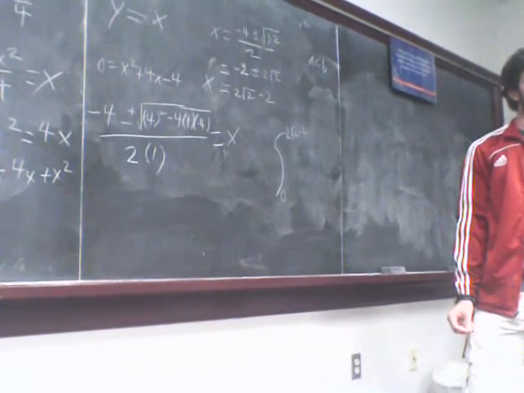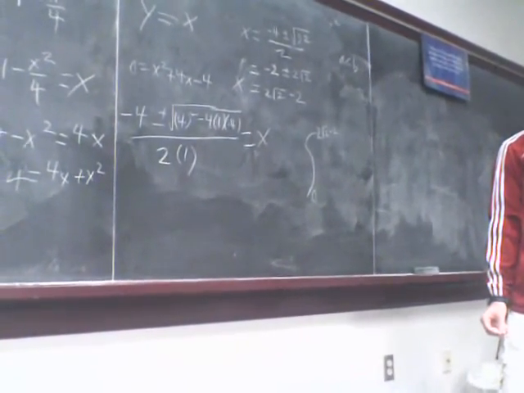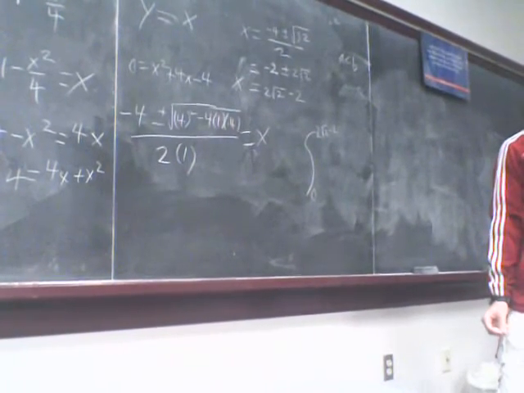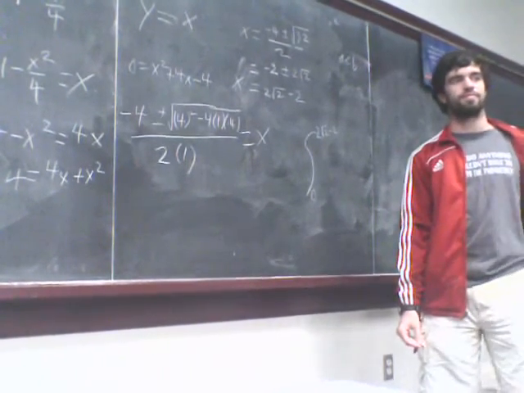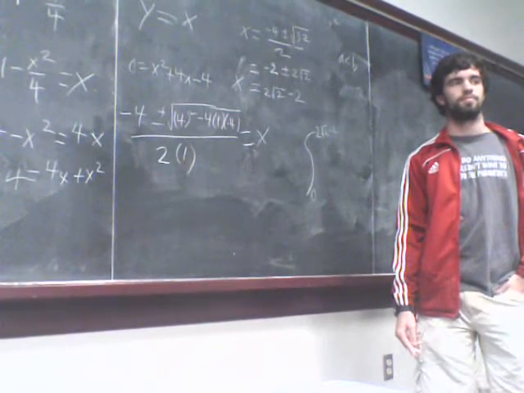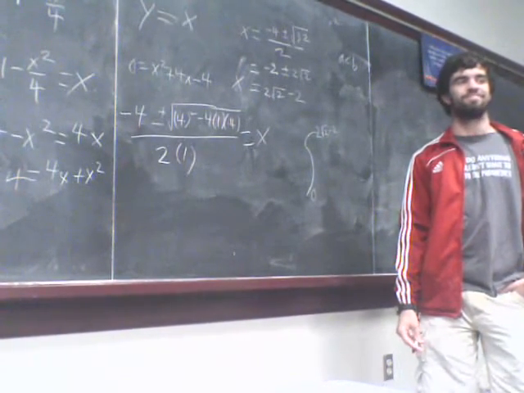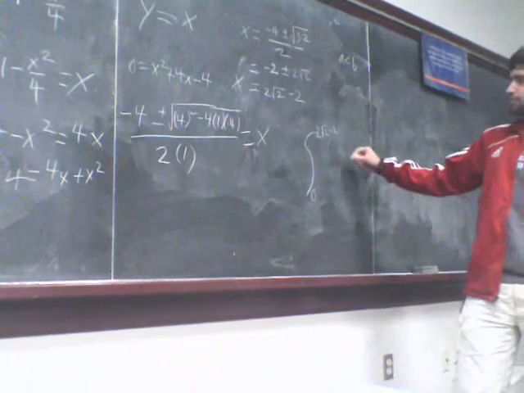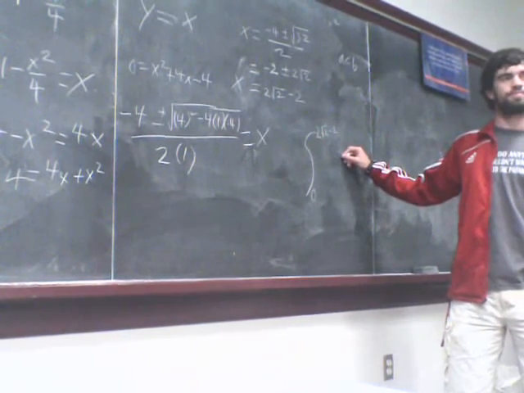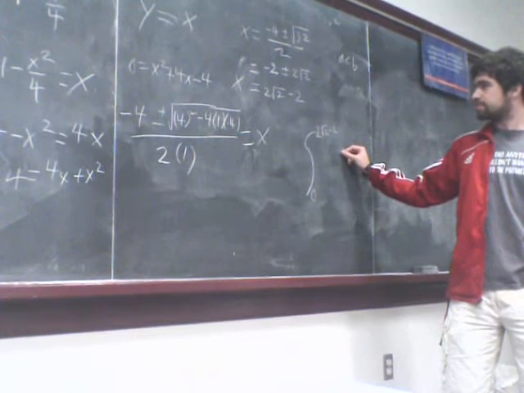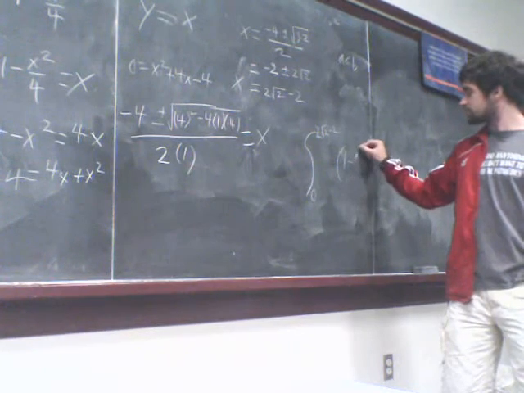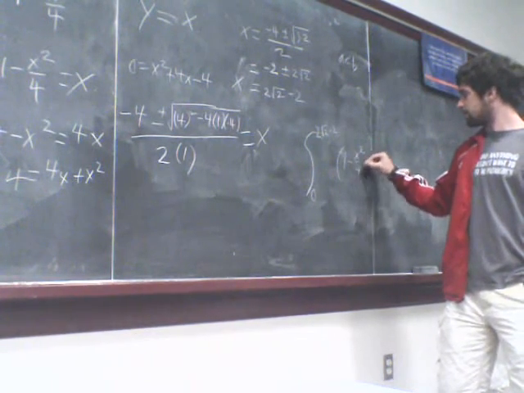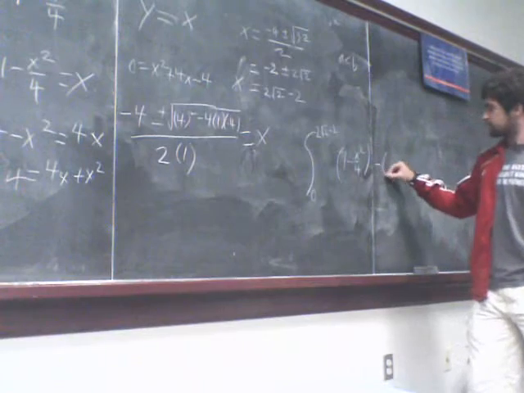Does that make sense? It's not a trick question. I'm asking you. Yeah, because the y equals x line is underneath the portion where we're measuring. So, which one are we subtracting from which? You're subtracting x from 1 minus x squared over 4. So you got 1 minus x squared over 4 minus x.